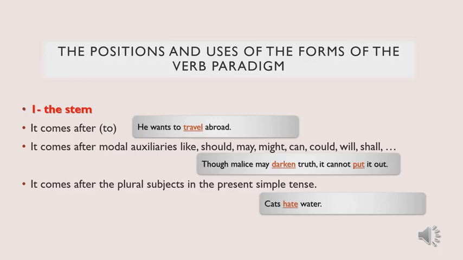So it is in its stem form. For example, cats hate water. Cats is a plural subject. After cats, we have hate. Hate is the stem. No inflectional affix is attached to hate, so it is the stem.